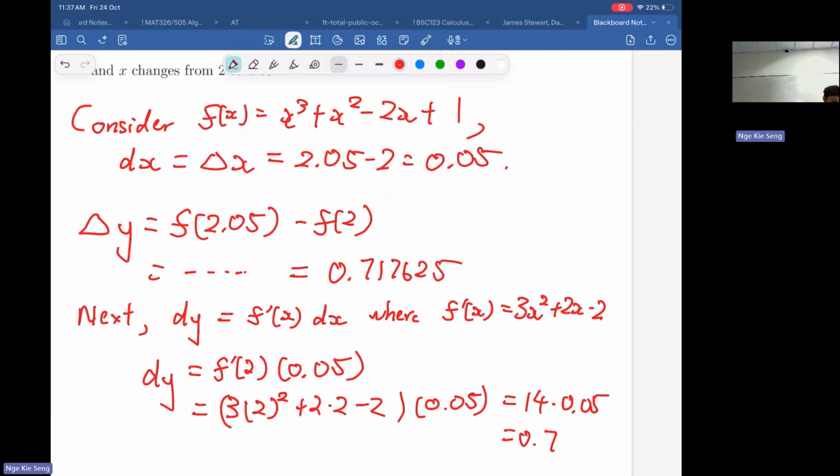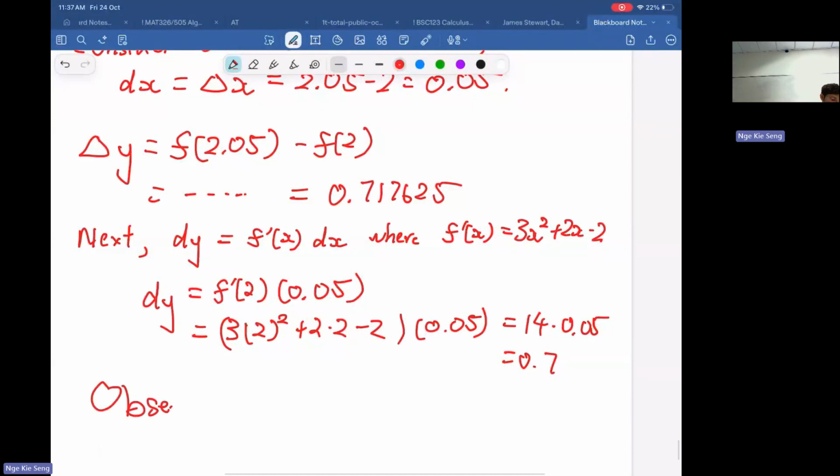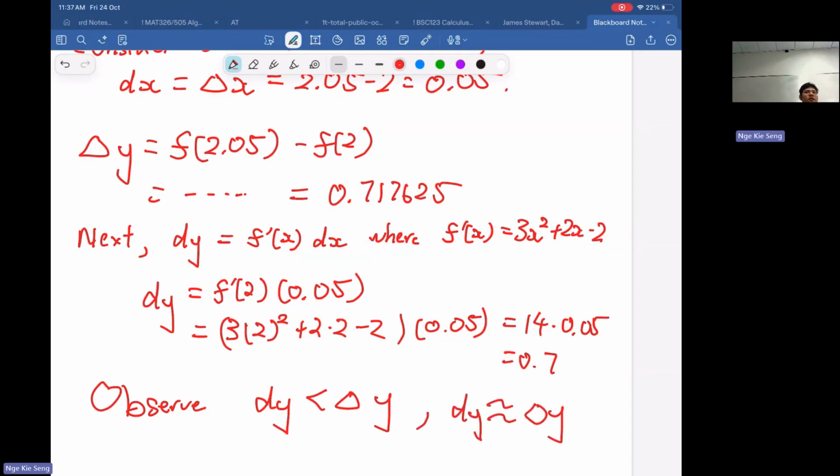Observe that dy is less than delta y. dy is a bit less, but dy is almost delta y. In this case, can you see what happened? Your tangent line actually goes lower than your actual curve, because your dy is smaller than your delta y.